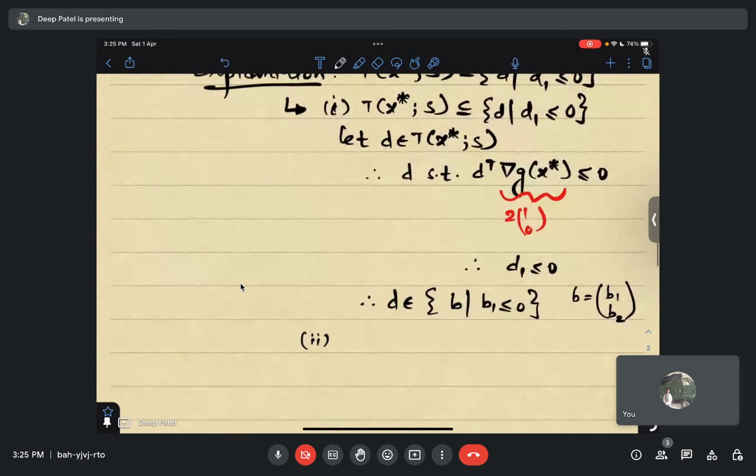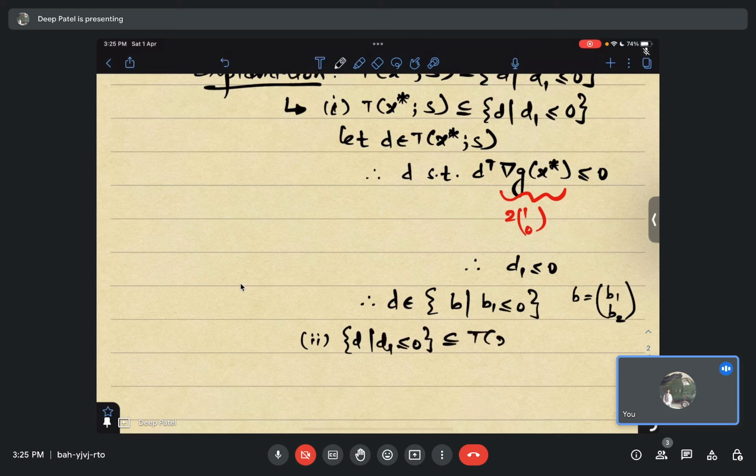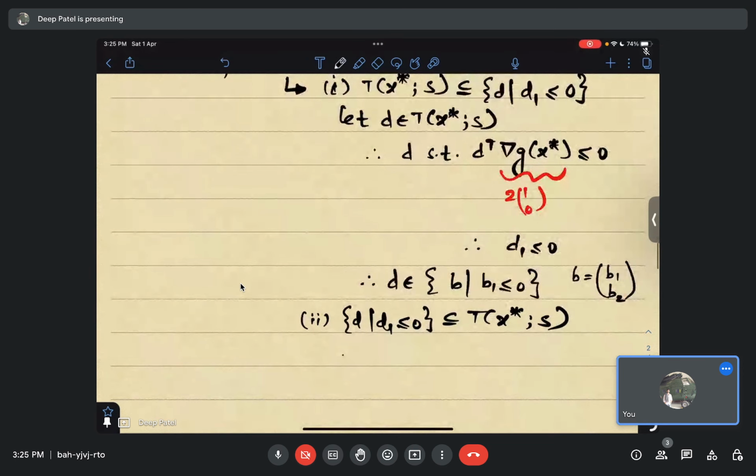Okay, so just to complete this, similarly, what we will show is the other way around. So d such that d1 less than or equal to 0, D at x star. So let d belong to this set.